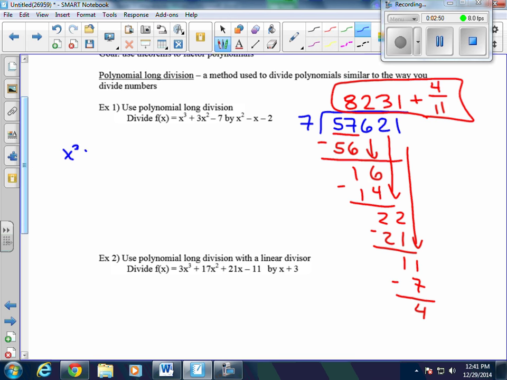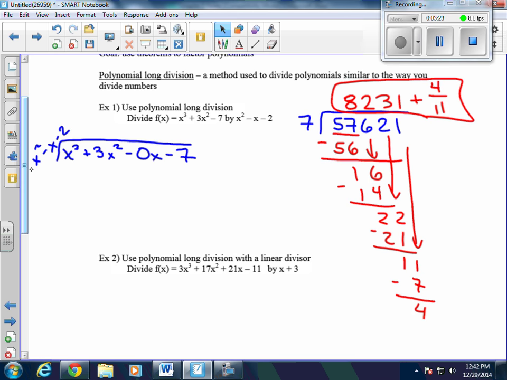X cubed plus 3x squared plus 0x minus 7. Remember, just like we did the other day, you have to have every column represented: x cubed, x squared, x. I don't have one here, so I have to put a 0x, minus 7. And then I'm going to have x squared minus x minus 2. That's the number that goes on my left side.